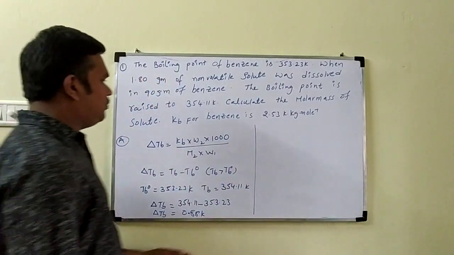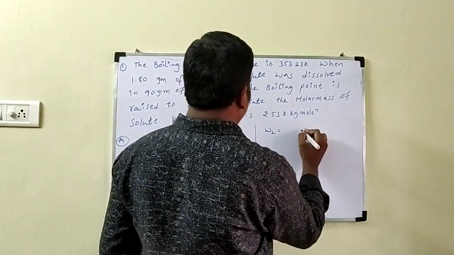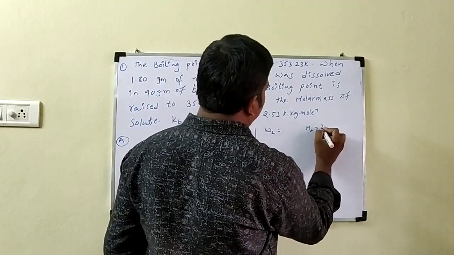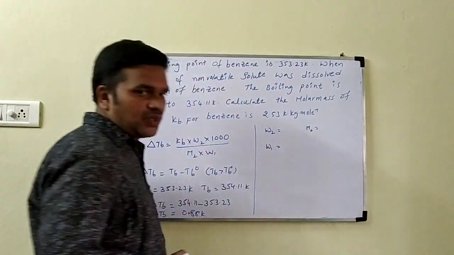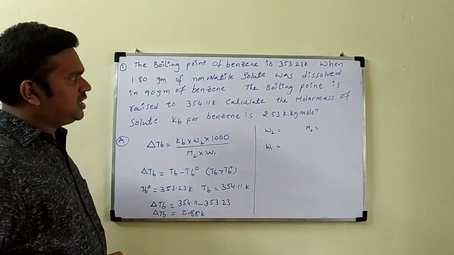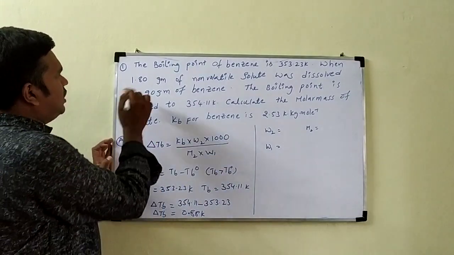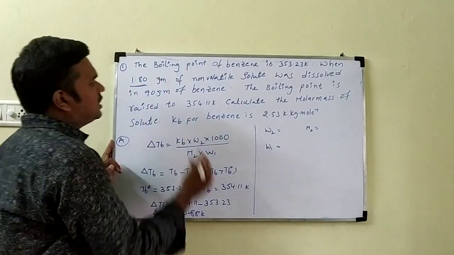Now we want to find what is W2, what is M2 and what is W1. W2 means weight of the solute, W1 means weight of the solvent. Here 1.80 grams of non-volatile solute. So what is the weight of solute here?